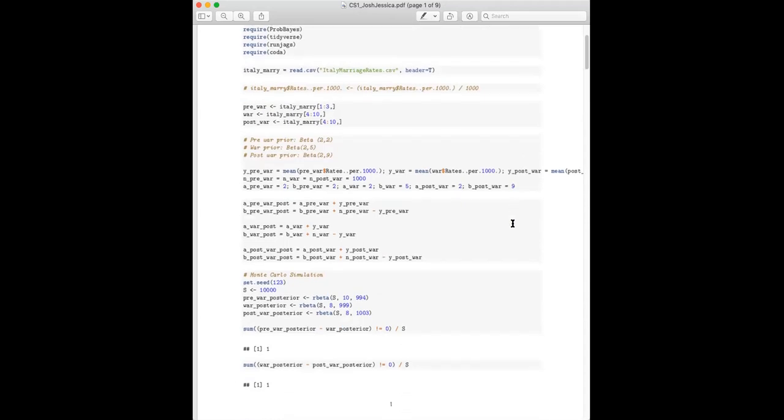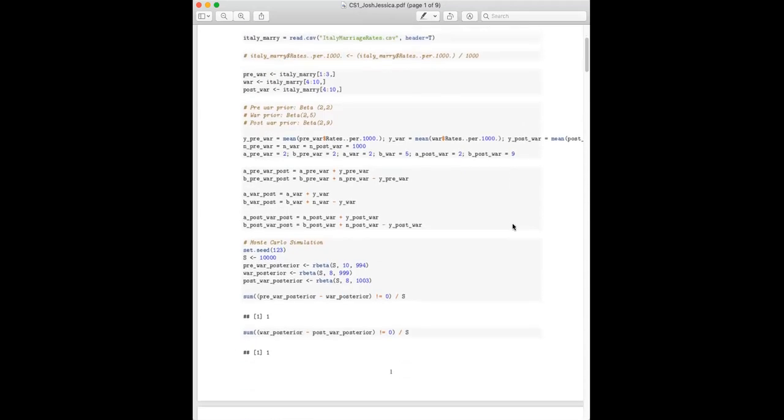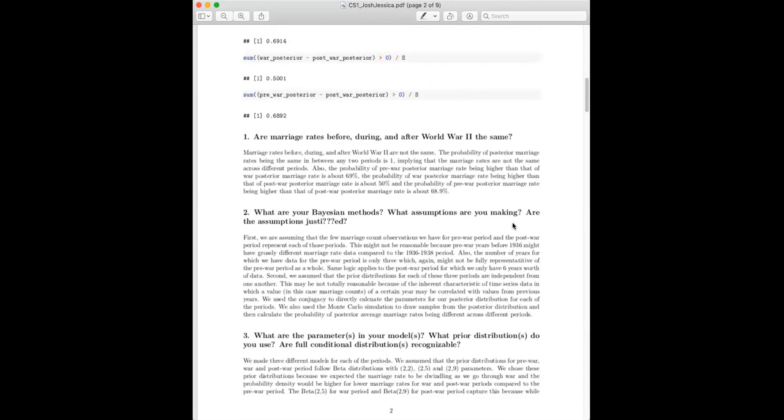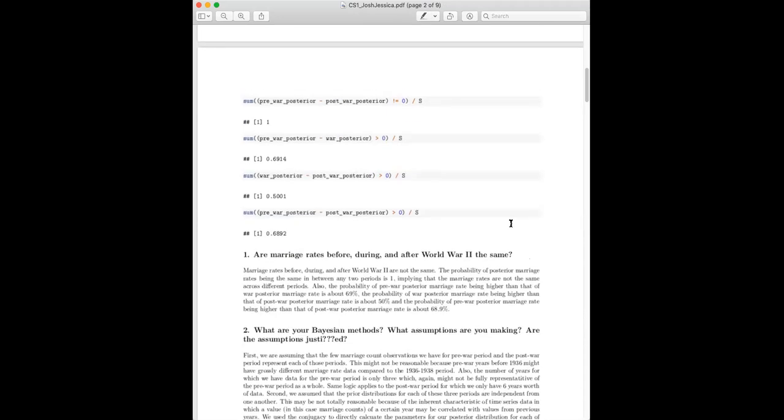So we use a beta binomial approach. And so we found the averages for the pre-war period, the post-war period, and the war period. And then we picked our own beta priors based off the data itself.